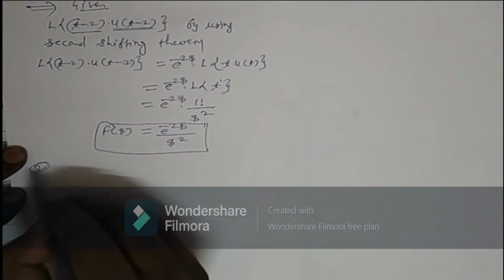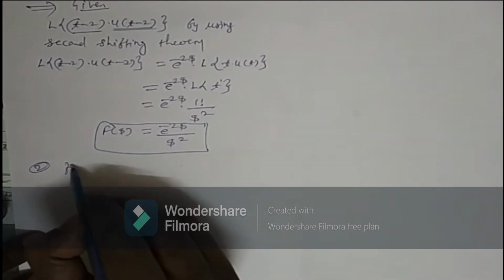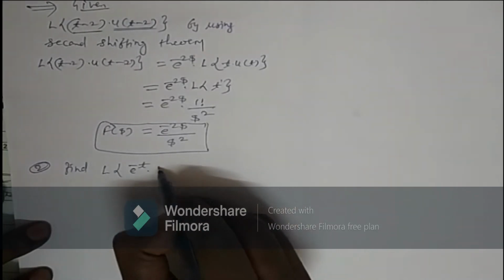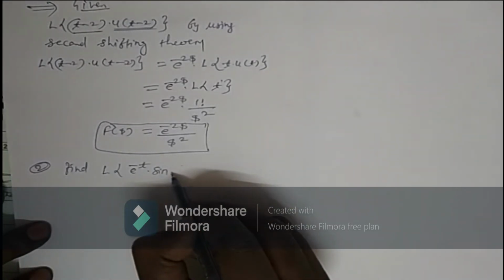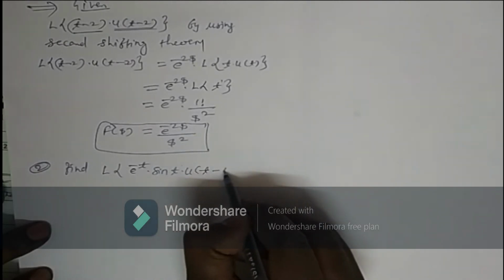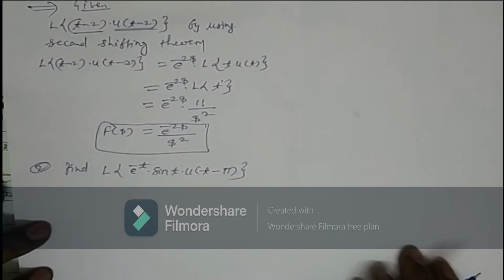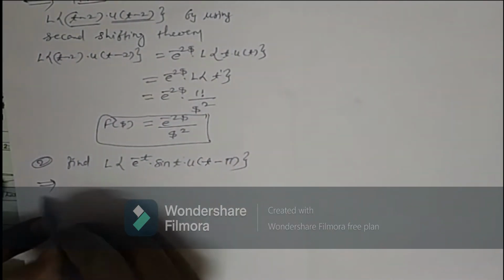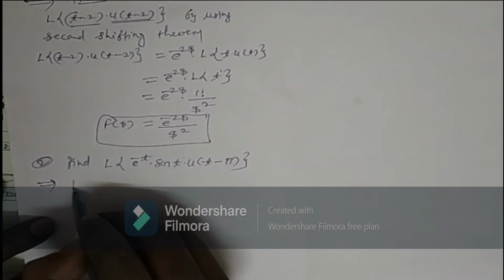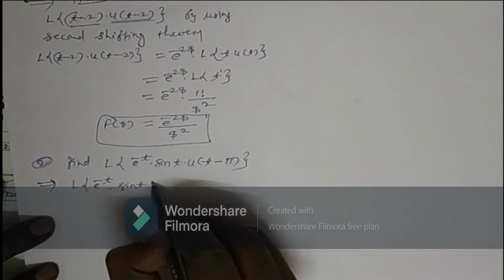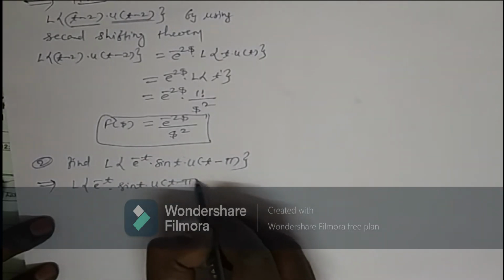Now let us see another example. Example number 2. Find the Laplace transform of e raised to minus t into sine of t into u of t minus pi. Now how to simplify this example? Look at this. The Laplace transform of e raised to minus t into sine t into u of t minus pi.